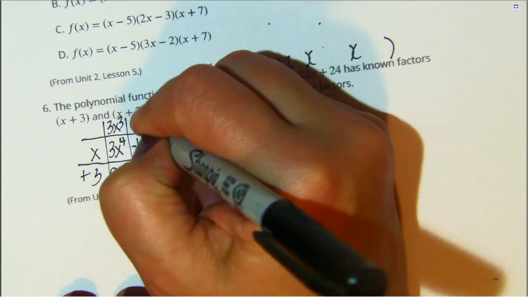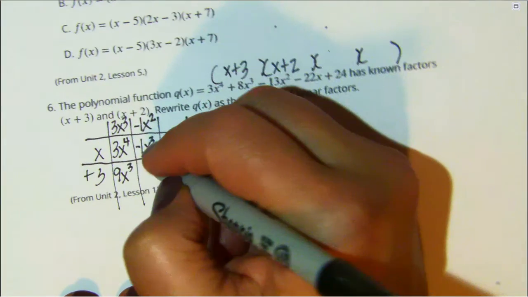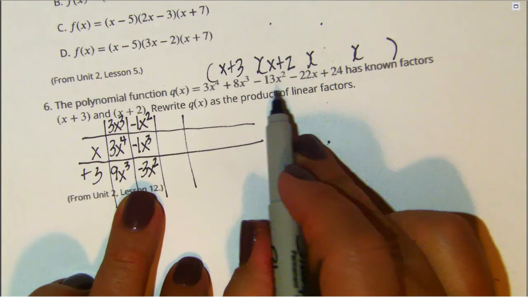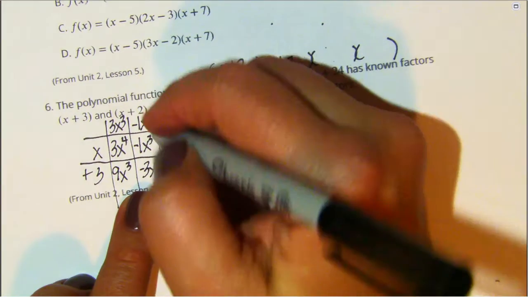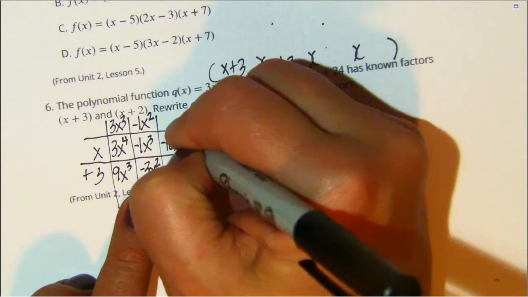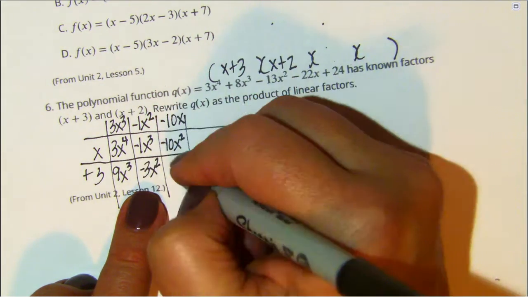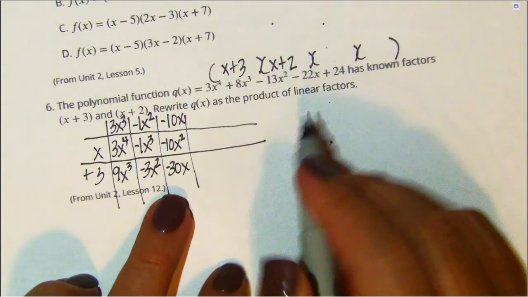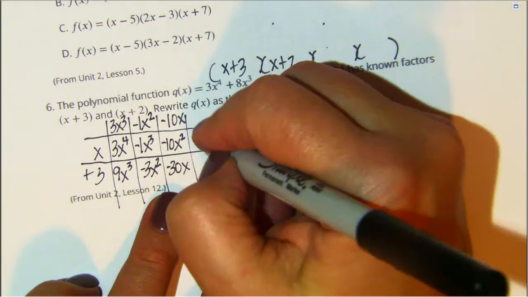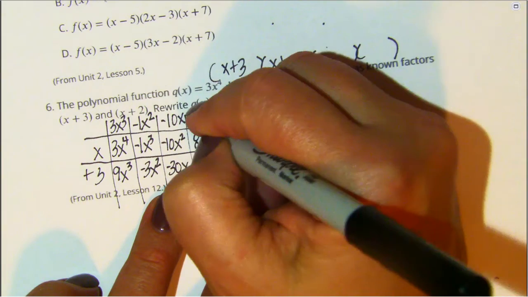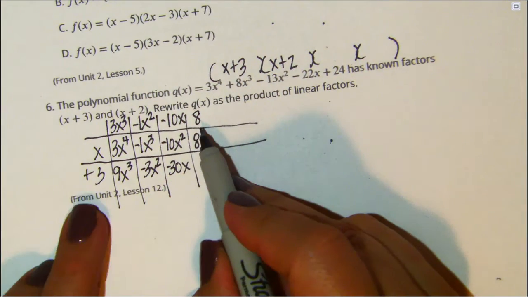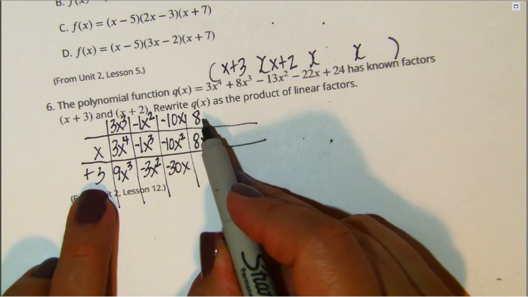That's -1x squared, -3x squared. I need my x squareds to add up to -13. So I need -10 more. That's -10x, -30x. I need those to make a -22, so I need 8. That'd be 8.